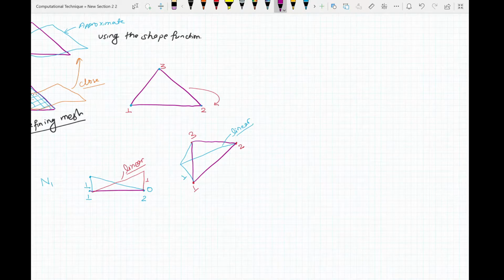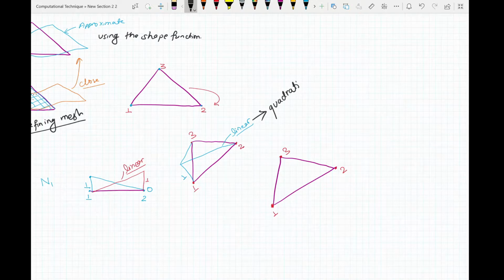If you look at the same triangle in the isometric view like this. Now if we increase the degree of the polynomial, that means we want to change this to a quadratic or cubic or higher order polynomials.